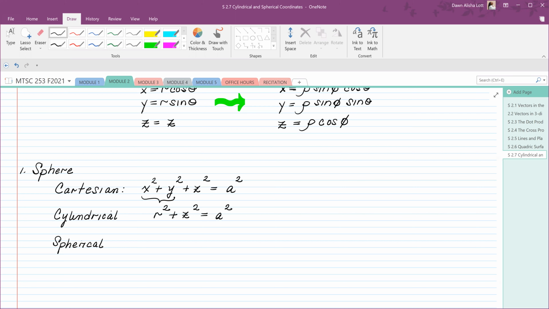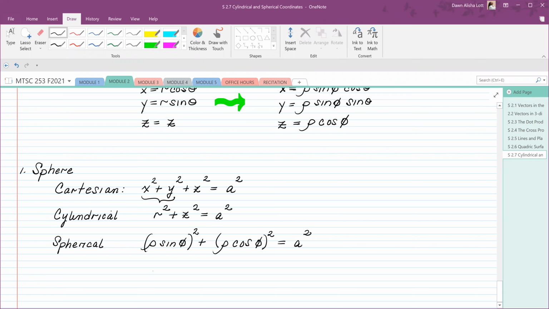R squared is rho sine phi squared, and z is rho cosine phi squared, is equal to a squared.